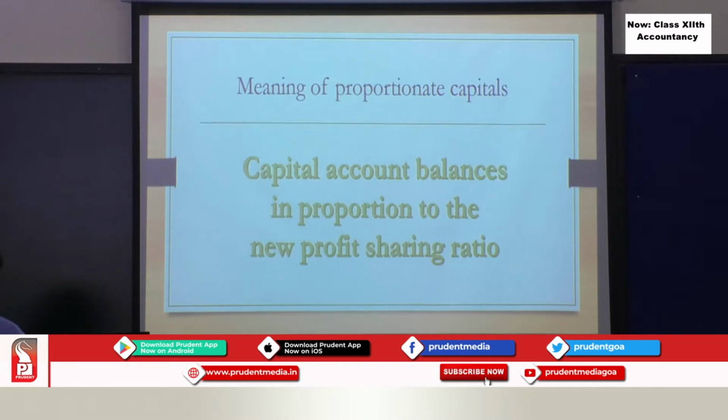What do we mean by proportionate capitals? For example, suppose there are three partners, partner A, B and partner C. Now, if these partners are having capitals of rupees 30,000, rupees 20,000 and rupees 10,000 each, can you notice something special in the capitals of the partners?